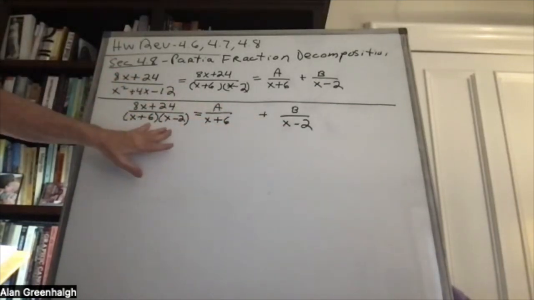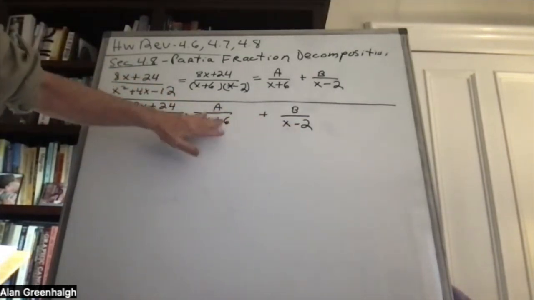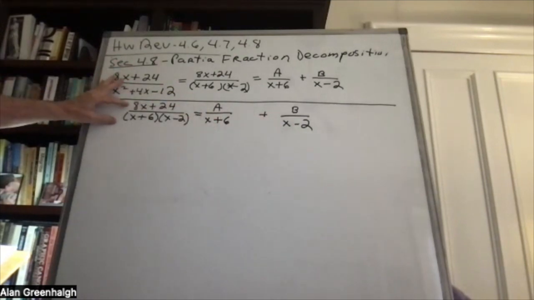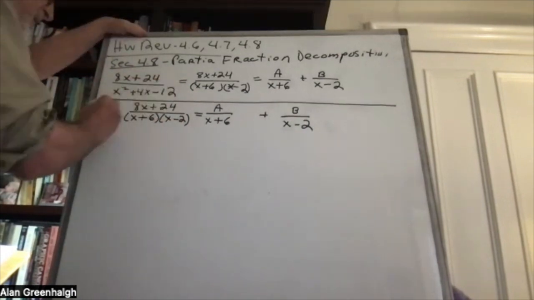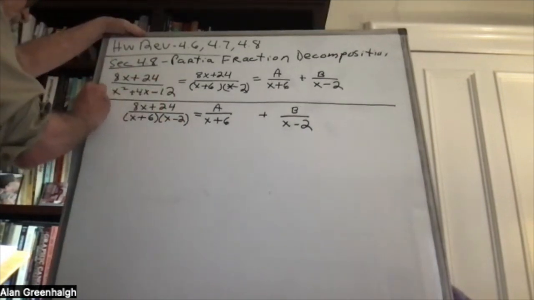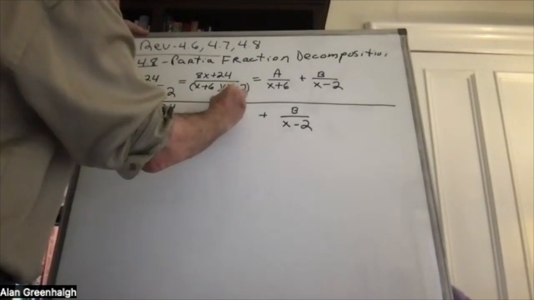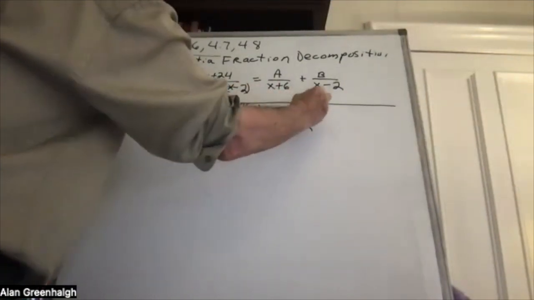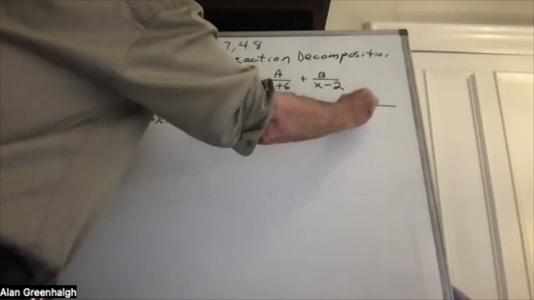Okay, so this is what two fractions have been added. And when we add the two fractions, this is what we wind up with. So the first step is to get rid of the denominators. So we're going to multiply by x plus 6 times x minus 2.